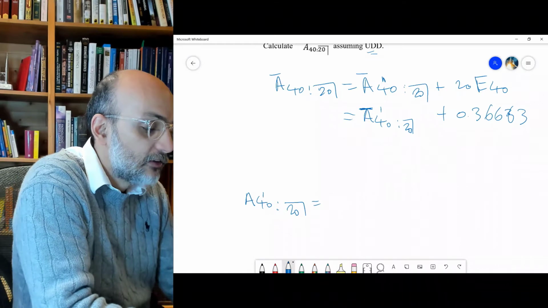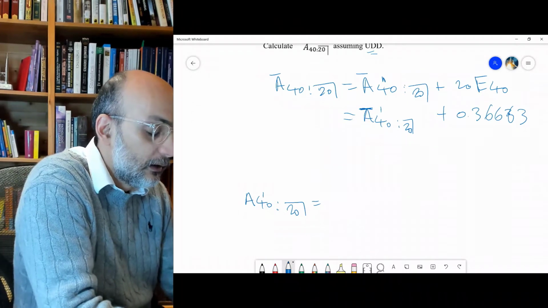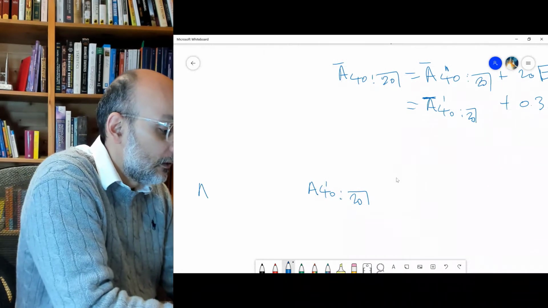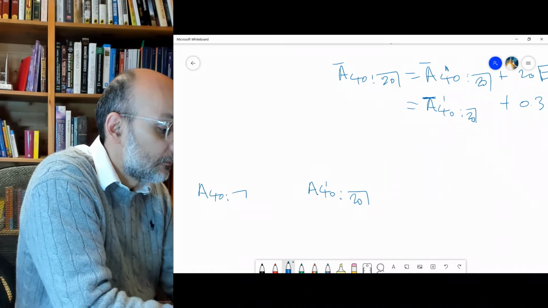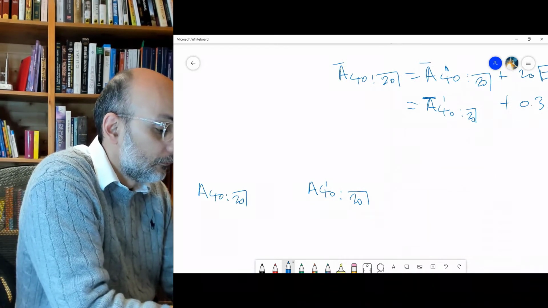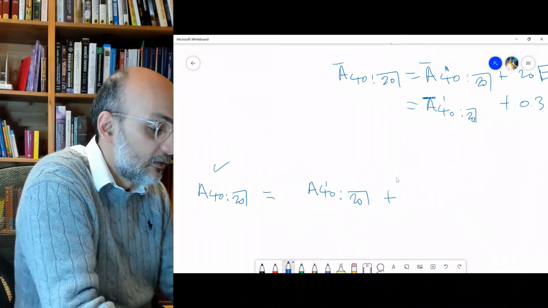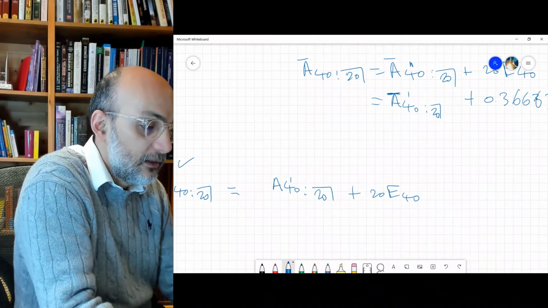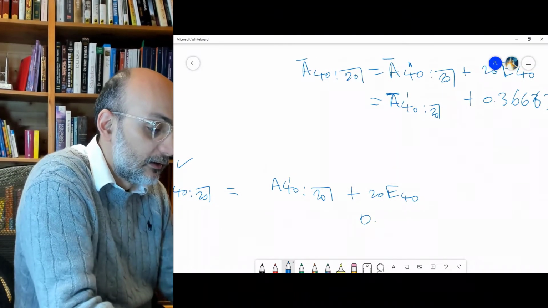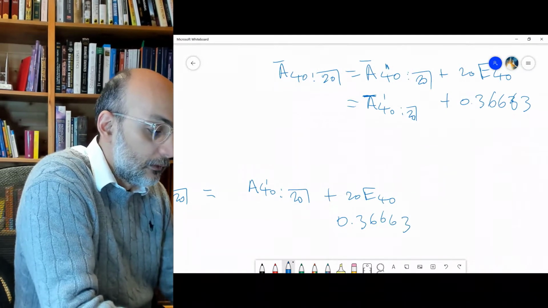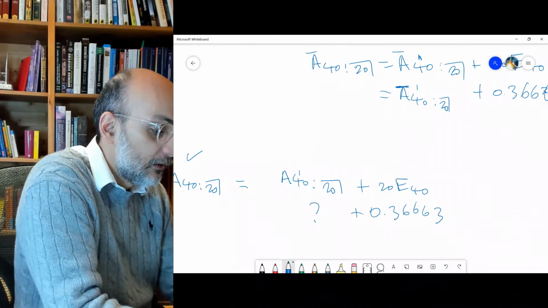The life table gives you this plus 20E40, which we already calculated, it's here. 0.36, not calculated, got it from the life table. This one is not given.